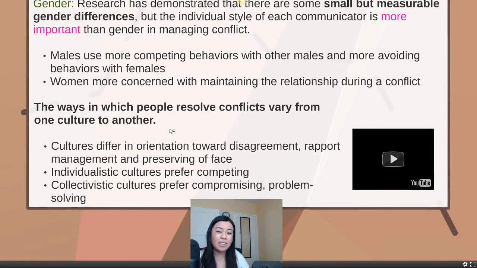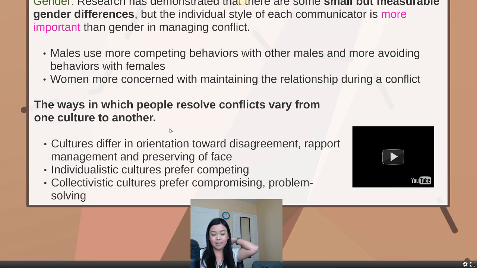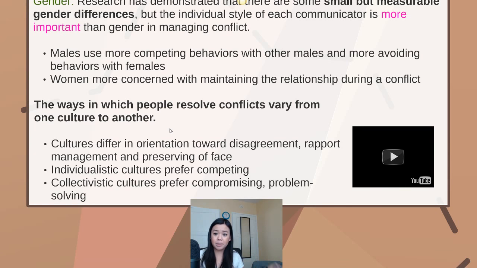As we've talked about a little bit earlier in this slide, we talked about this in avoidance and accommodation. The ways in which people resolve conflicts vary from culture to culture. We find that cultures, depending on what they value, as we learned in chapter 2, will look at disagreement and face management, preserving face, in different ways. Like I said, individualistic cultures prefer competing, collectivistic cultures prefer compromising and problem solving, and it makes sense, right?